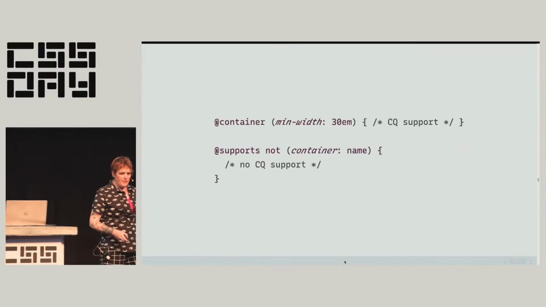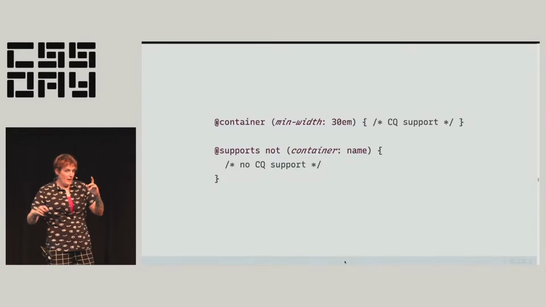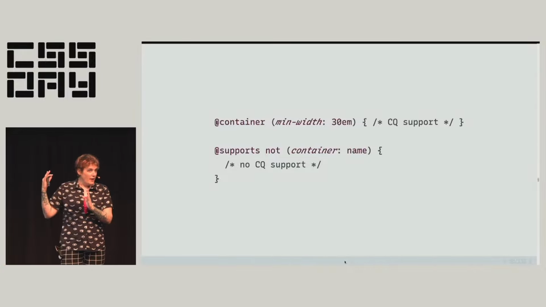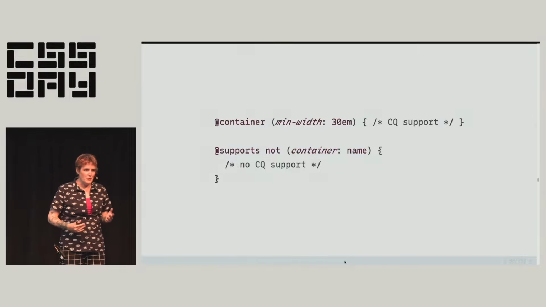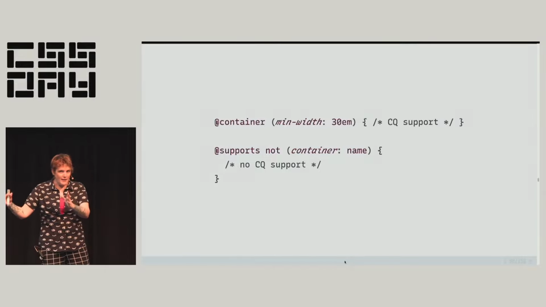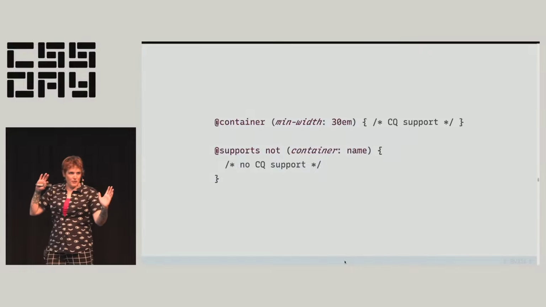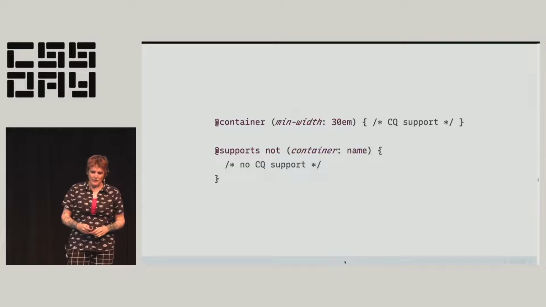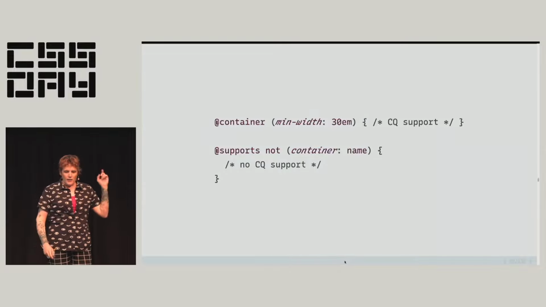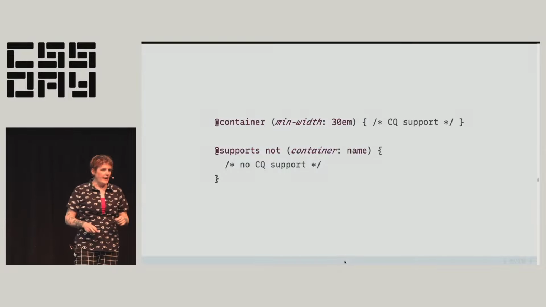For the sake of progressive enhancement, a browser is only going to do the stuff inside of a container query if it supports container queries. So there's your positive, things that should only apply when container queries are supported. You can put them inside of a container query. And then you can use supports not container.